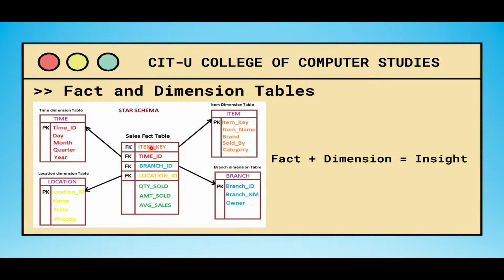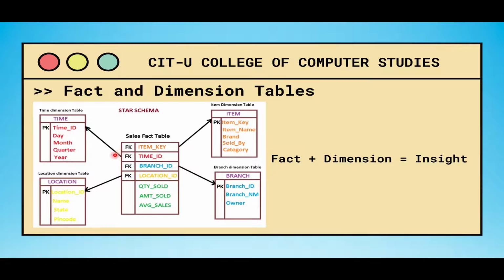The others are just keys which will be related to the other dimension tables. The item key is like a product key, so it's related to the item table here. We have the primary key of the item key in the item table. We have the item name, brand, sold by, and category.